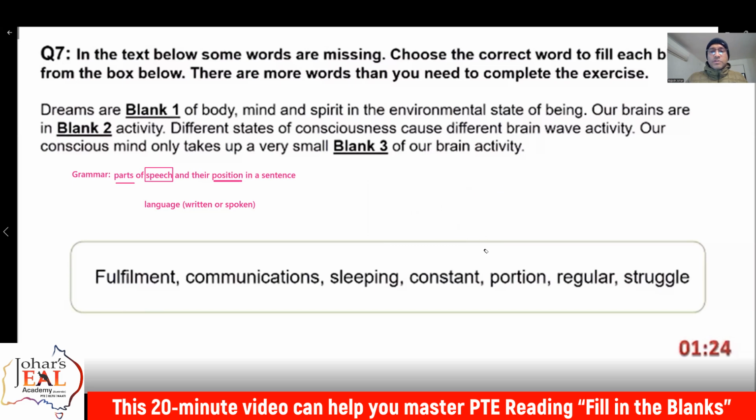Let's first move to this one: parts of speech and their position. Position is important. Where can we use a noun in a sentence? In the position of subject, object, or complement, and there are different positions as well.